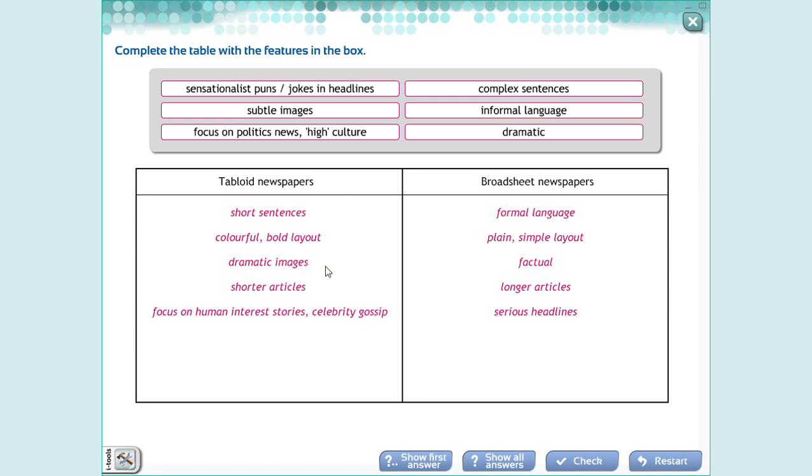The name is Orale, and it meets these characteristics, especially because this tabloid uses short sentences, it's very colorful, it has dramatic and very explicit pictures. They are short articles, and it is more focused on stories and gossip about politics and celebrities.